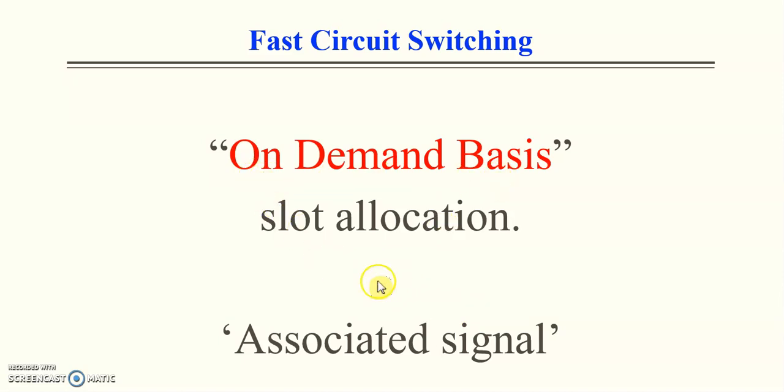Now, the associated signaling works like this: if a user transmits in a particular slot, he can indicate by some kind of signaling bit whether he requires some slots in the next consecutive frames or not.